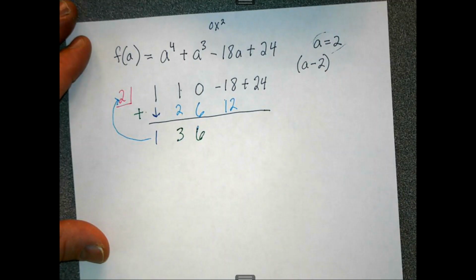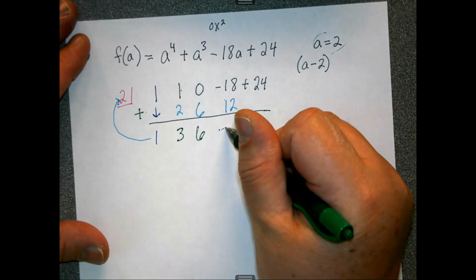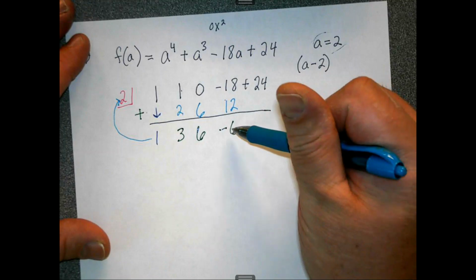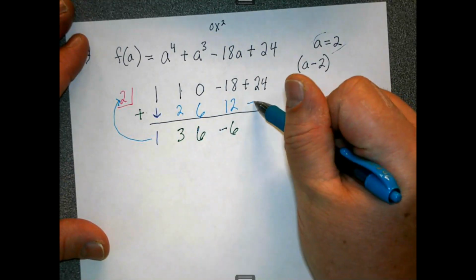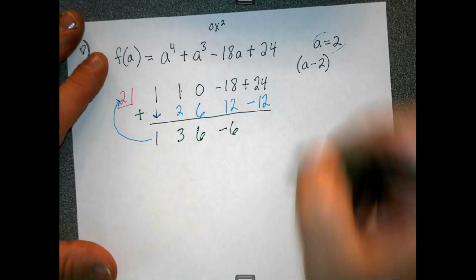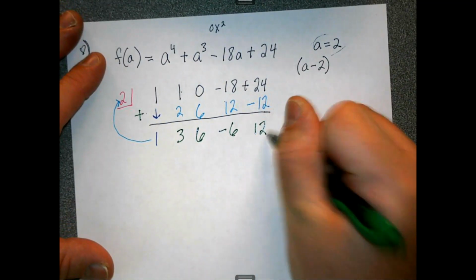Negative 18 plus 12. Negative 6 times 2. 24 minus 12. So we get another remainder, right?